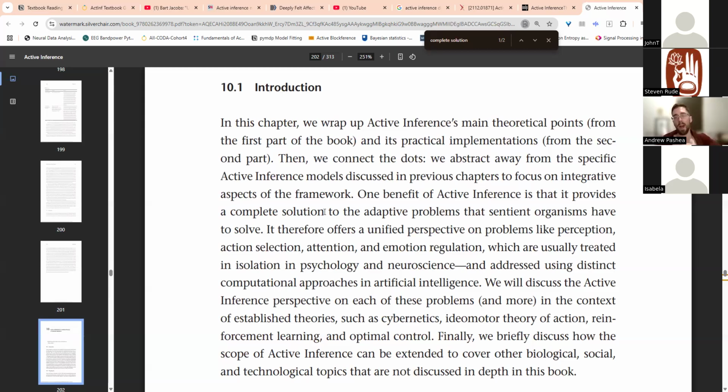So my take is that it's trying to say a complete solution in the sense that the book is focused on sentient organisms. What is the task they're trying to solve? Active inference is not trying to model necessarily the entire brain.